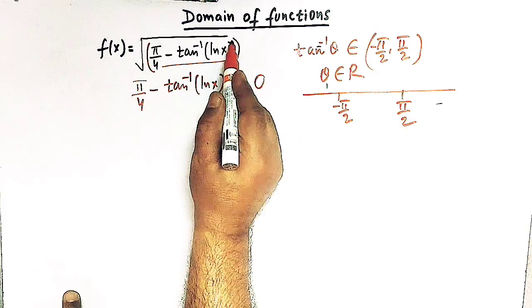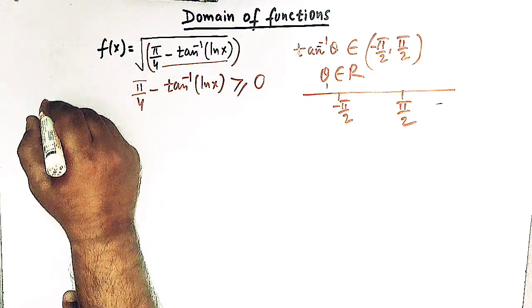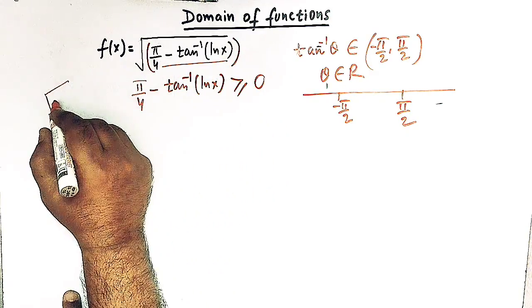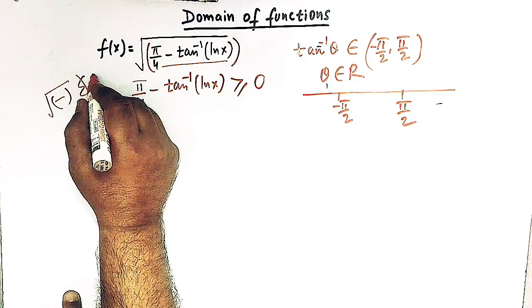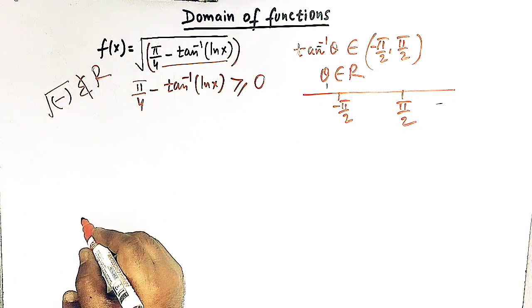If this quantity is negative, then we have the square root of some negative number, which does not belong to the set of real numbers, right?